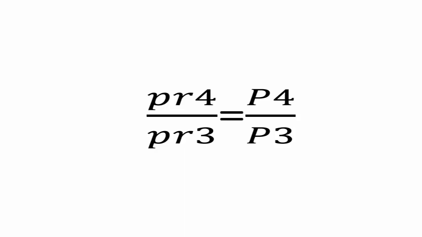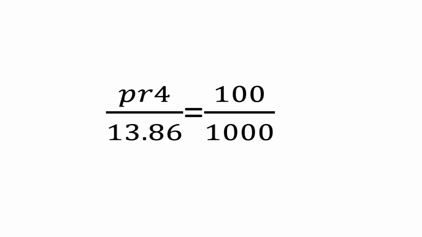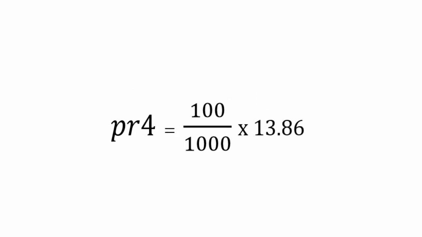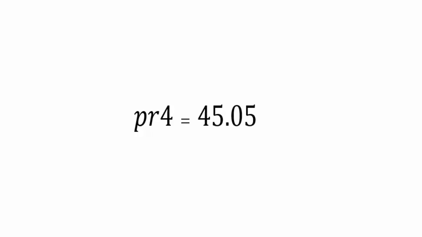P4 is 100 and P3 is 1000, and as we calculated, the PR3 is 450.5. Now we put the values, and here it is. Now we multiply both sides by 450.5 and we calculate it. PR4 comes as 45.05.